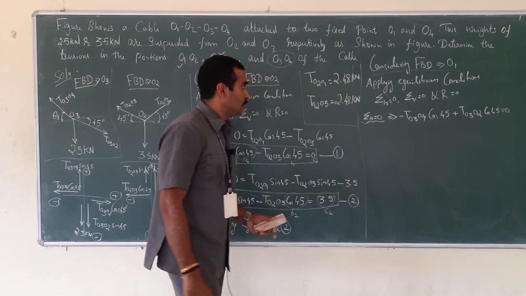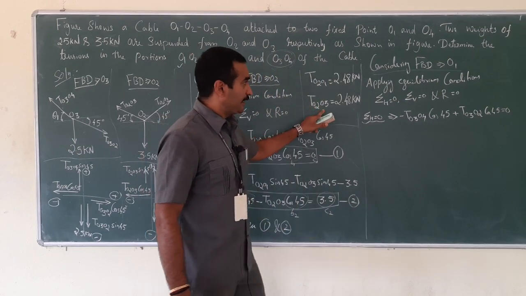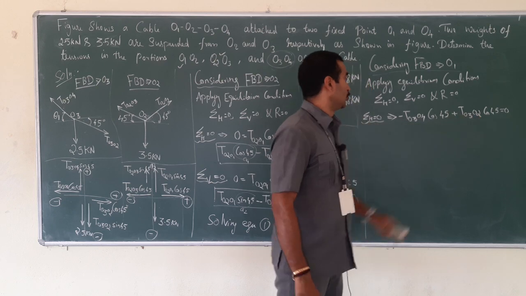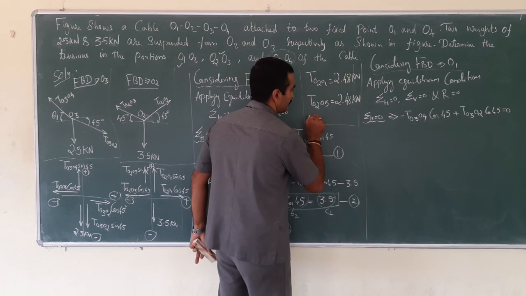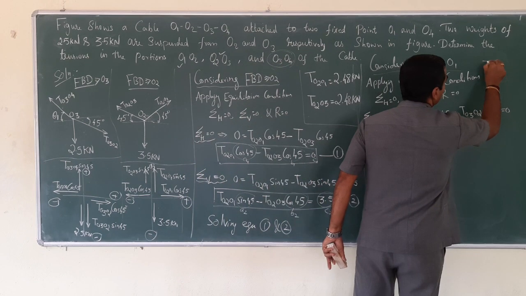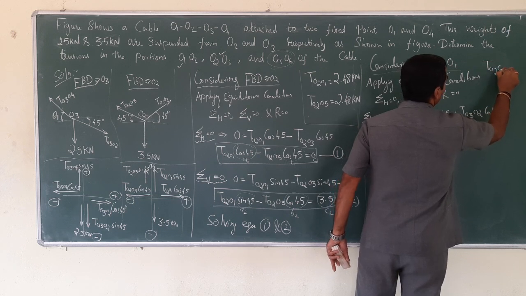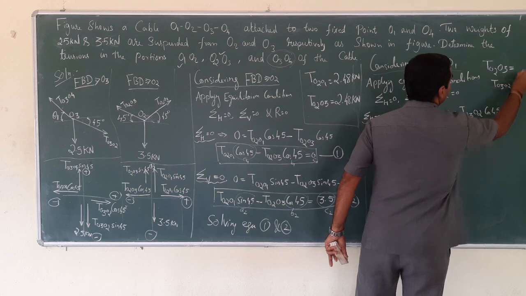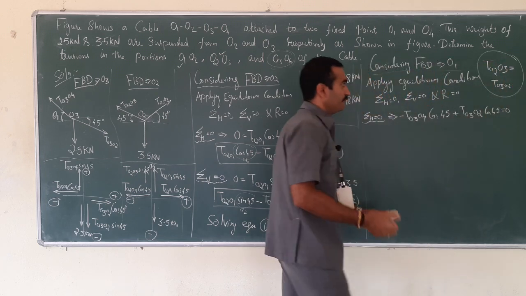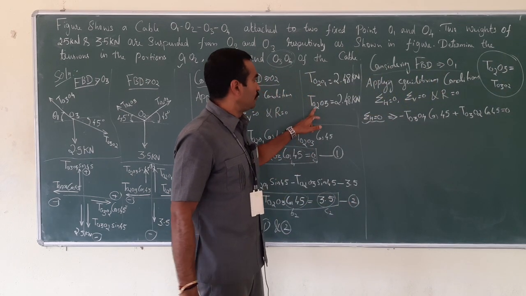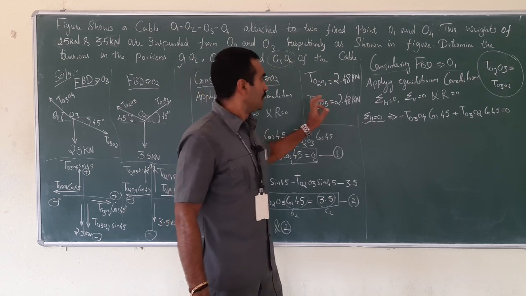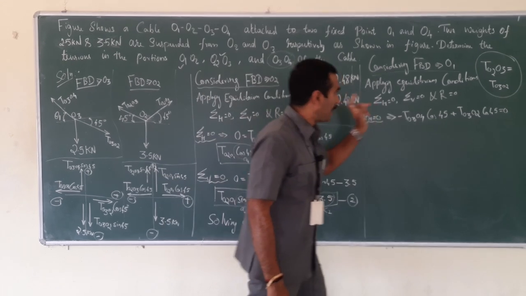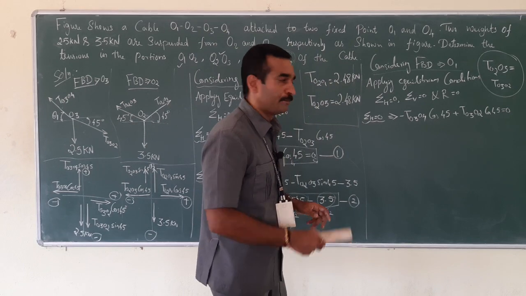So as I told you, TO2O3 equal to TO3O2, right? TO2O3 equal to TO3O2. So I have already found the value of TO2O3 as 2.48. So now I am going to substitute this value here. Right.